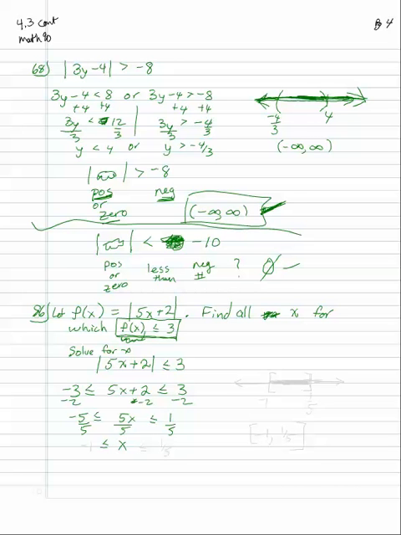So x is between negative 1 and 1/5. So if I graph that, negative 1, 1/5. Equal to is including it, so it's going to be the brackets. So my solution set is between negative 1 and 1/5.